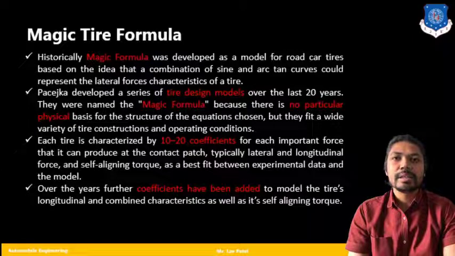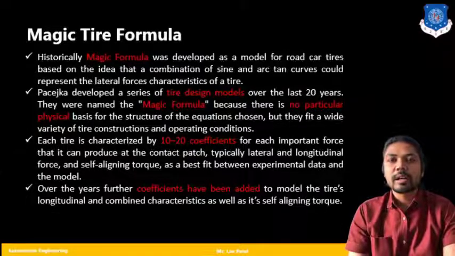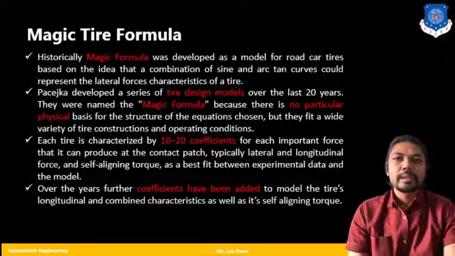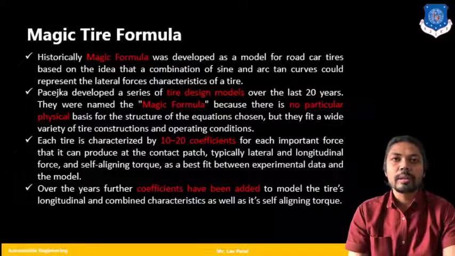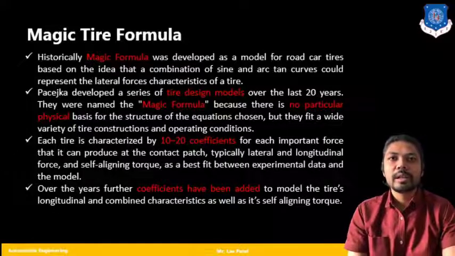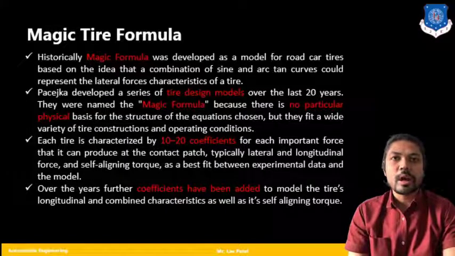And these are the coefficients added to the model that affect the tire's longitudinal and combined characteristics as well as self-aligning torque. Also, you can see that these coefficients are then used to generate equations for how much force is generated for a given vertical load on a tire, camber angle, and slip angle.